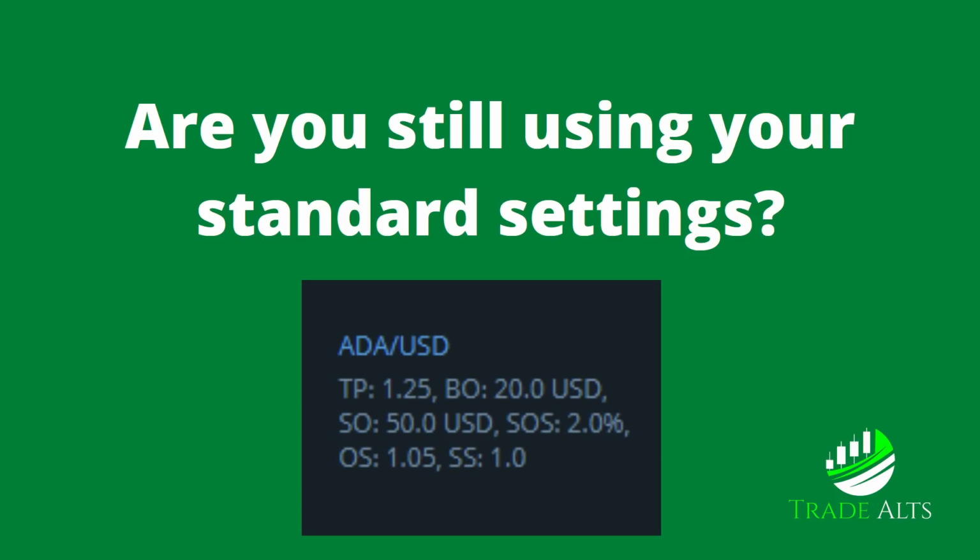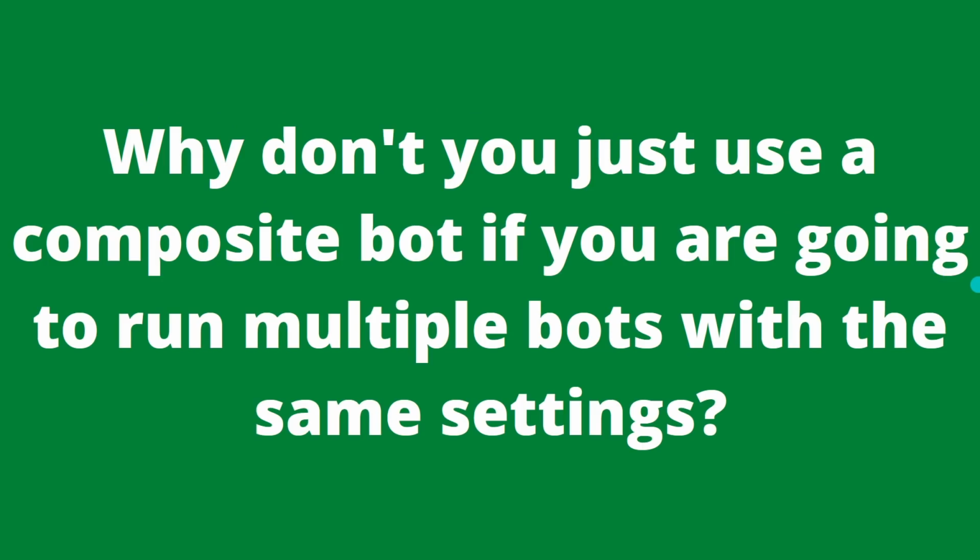So next question. Why don't you just use a composite bot if you're going to run multiple bots with the same settings anyway? I get this question all the time. Just use a composite bot, it's easier. Well, not really.